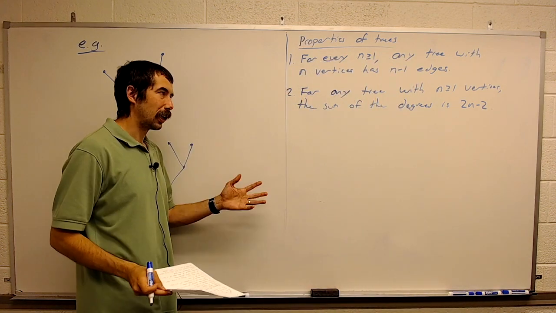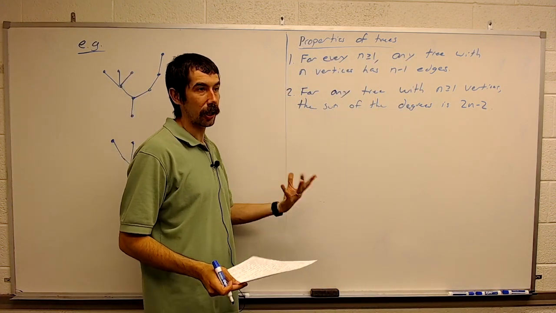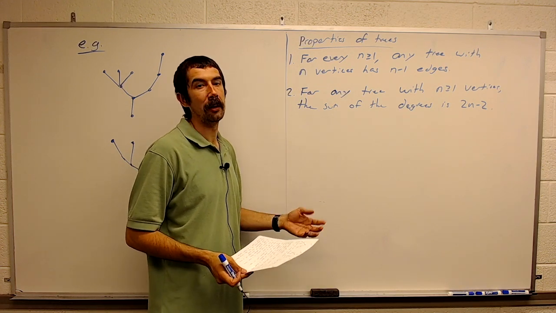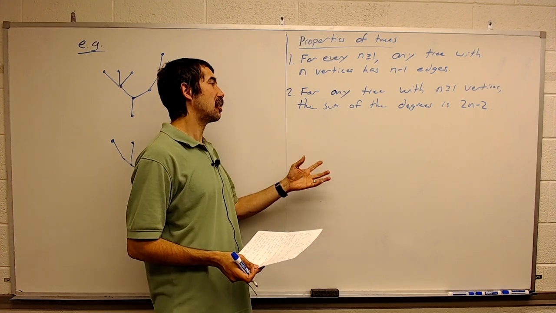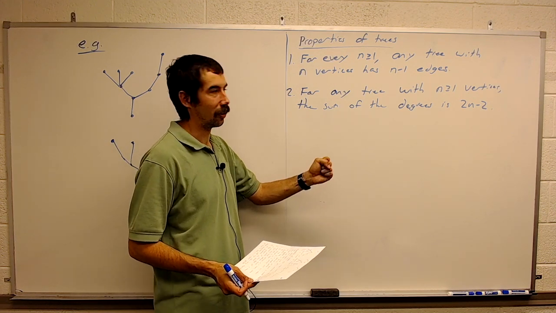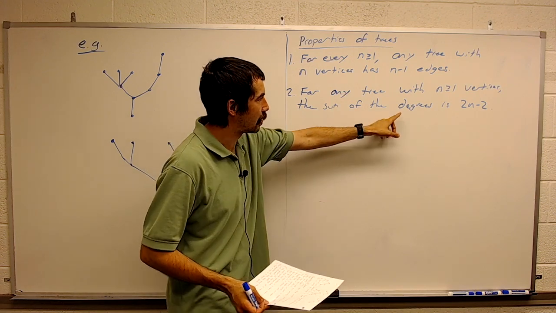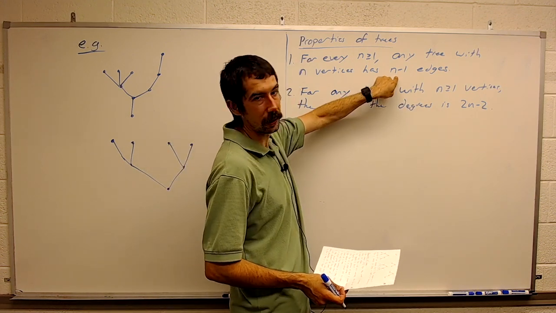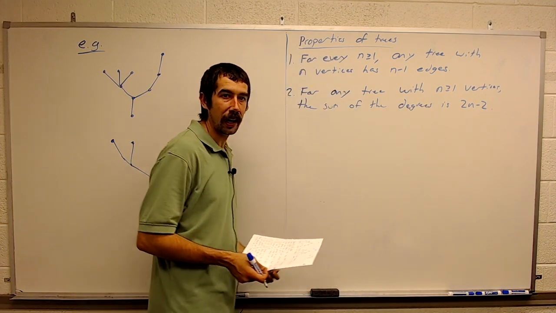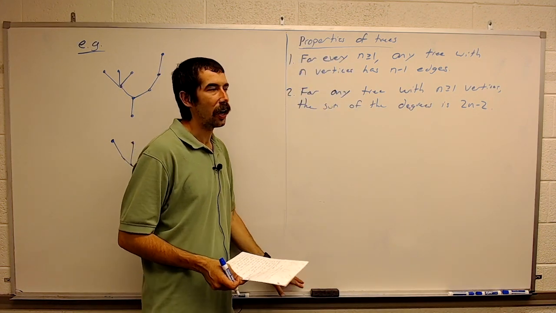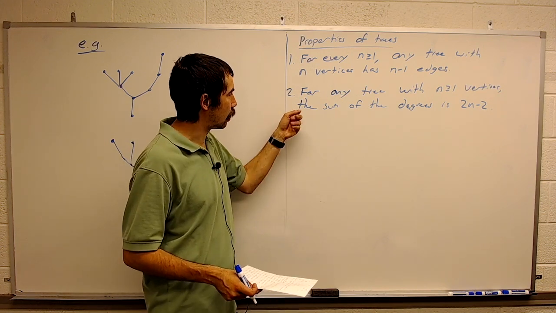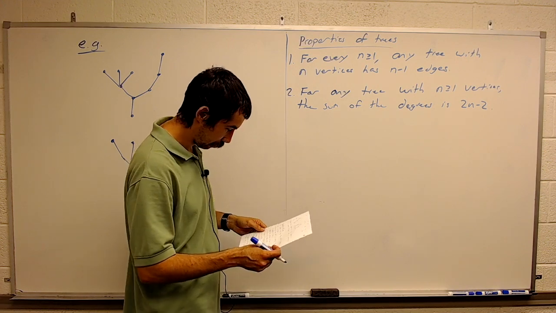If you remember back a few videos ago, we had the handshake lemma that said the sum of the degrees is twice the number of edges. So the sum of the degrees is 2 times n minus 1, which is this. If you're a handshake lemma enjoyer, this number 2 should have been obvious to you.